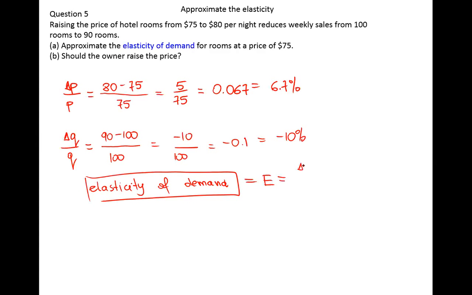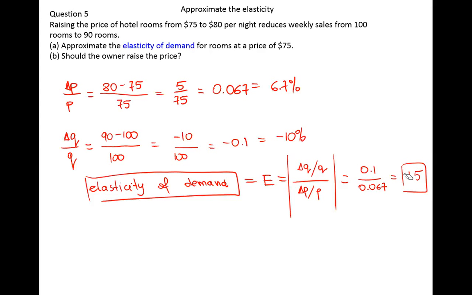We have to take dQ over Q, the percentage change in demand, and the percentage change in price. Of course, everything positive. So we have 0.1 over 0.067. As you can see what I'm doing, using the calculator, this is actually 1.5. Okay, that means the elasticity is 1.5.